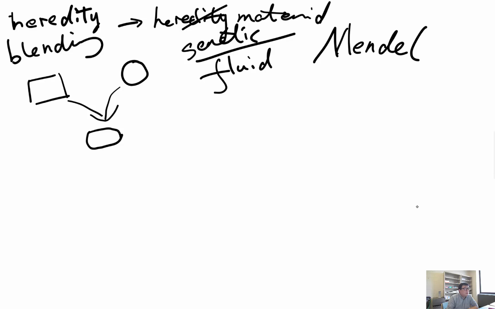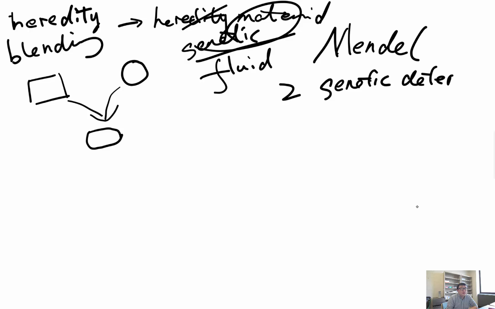Mendel, who studied the pea plants, believed that this genetic material is not a fluid. It's more like a particle, and each individual has two genetic determinants, like one square, one circle, whatever.